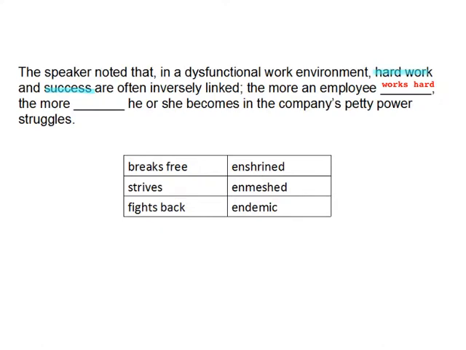This is a great recycling example. So the other one needs to be something about successful. But the more blank we become in the company's petty power struggles, the more successful we become in the company's petty power struggles. Notice the word "petty" there is negative. We don't actually want to be successful here, and we're trying to indicate an inverse link. So hard work goes up, success goes down.